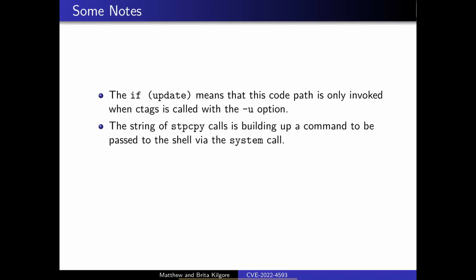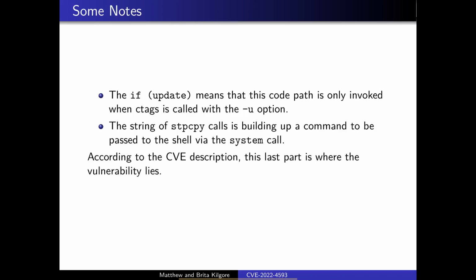The string of stpcpy calls is building up a command to be passed to the shell via the system call. According to the CVE description, this last part is where the vulnerability lies.